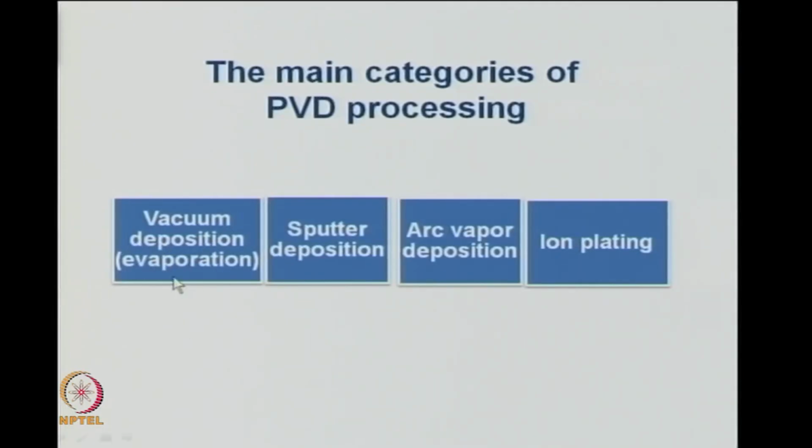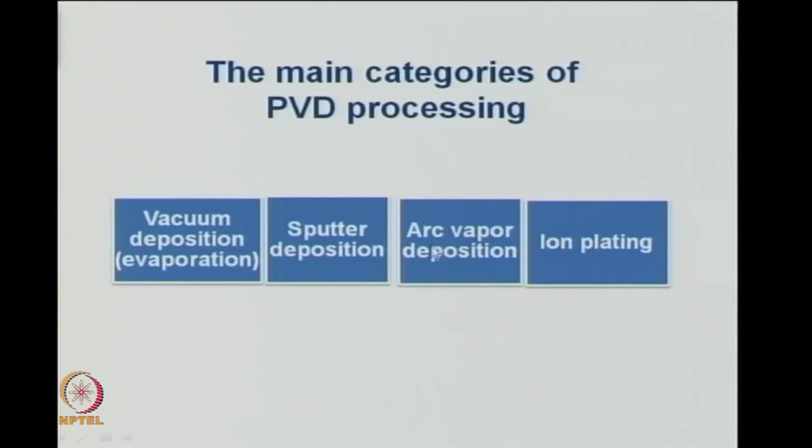The first is basically built on evaporation: some material is there, you evaporate it in a vacuum, and you deposit it on a target or a substrate. In sputtering, you have a material which has to be coated on a substrate, and you bombard that material with some ions or some other beam, and atoms are ejected from the target and then deposited on a substrate. So, that is sputter deposition.